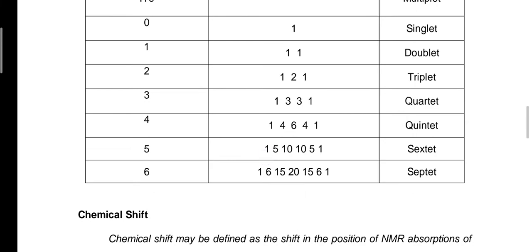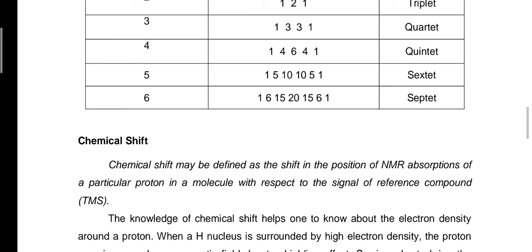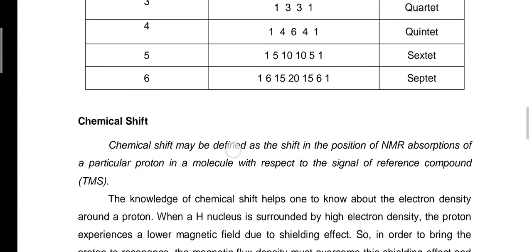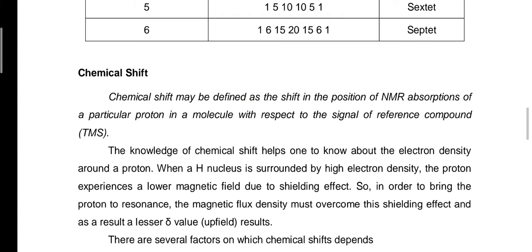Chemical shift may be defined as the shift in position of the NMR absorption of a particular proton in a molecule with respect to the signal of a reference compound. Knowledge of chemical shift helps one know about the electron density around a proton.